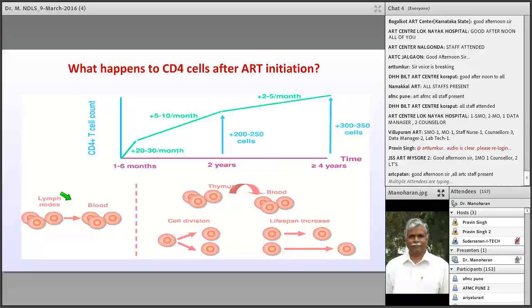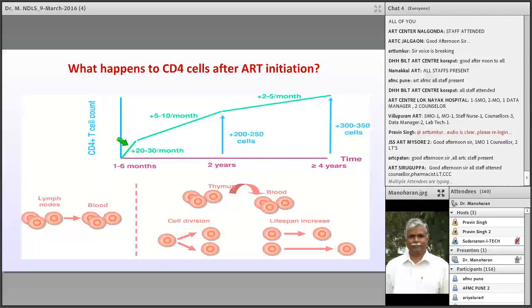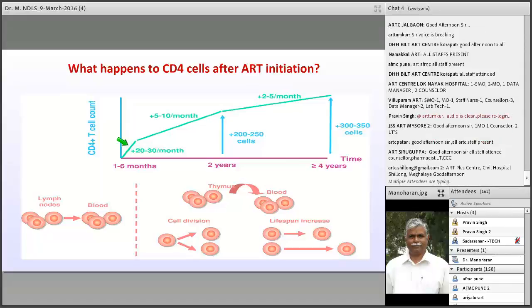This redistribution of memory CD4 cells from lymphoid tissue towards the blood is responsible for the immediate rise in CD4 count. That is why in this initial period of 6 months, because of these memory CD4 cells, we get a lot of IRIS related challenges also.